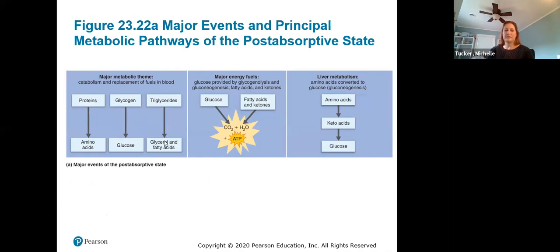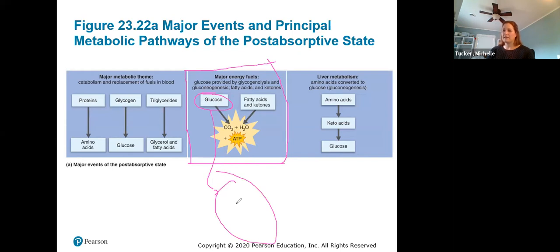Triglyceride will get broken down into glycerol, which can be converted into glucose, and then fatty acids, which can be used for fuel. The major fuels are going to be glucose, because we've got some tissues that need to use glucose, like the brain. And also, all cells need to use some amount of glucose, because this glucose provides the Krebs cycle intermediates.